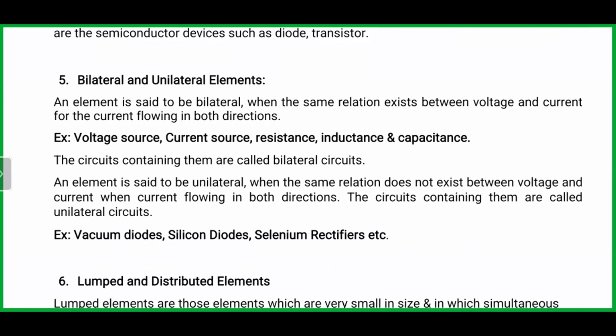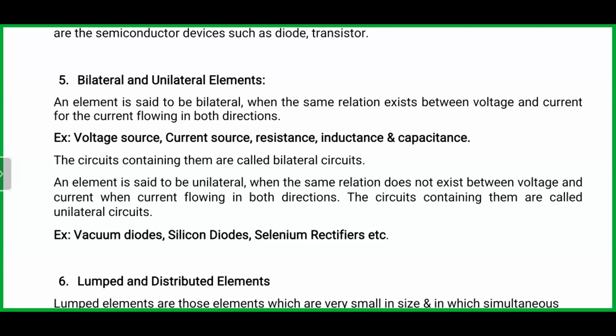The circuits containing them are called bilateral circuits. An element is said to be unilateral when the same relation does not exist between voltage and current when current flows in both directions. The circuits containing them are called unilateral because current moves in only one direction.